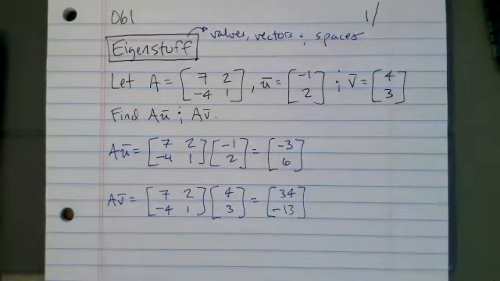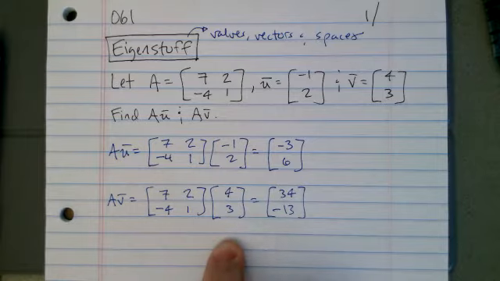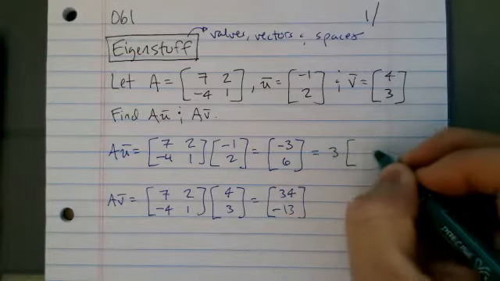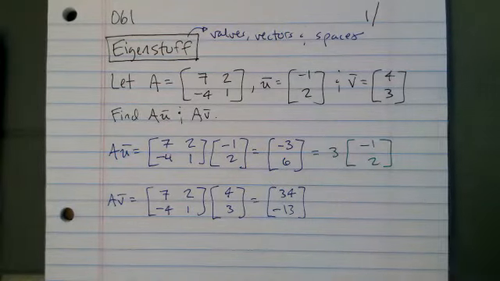So what's interesting about this particular vector? Anybody notice something? We ended up with a multiple of what we started with, and that did not happen in AV. So in AU, we just ended up with 3 times -1, 2. We ended up with a multiple of what we started with.